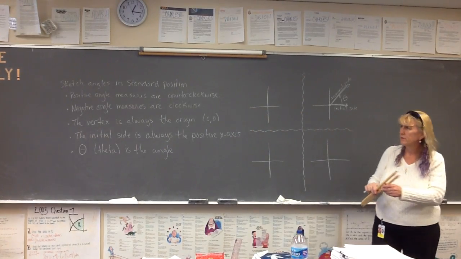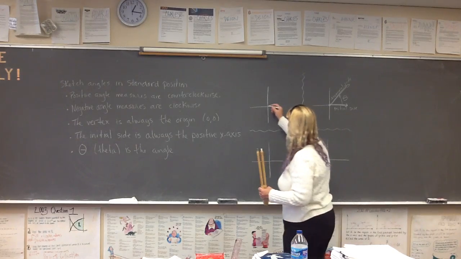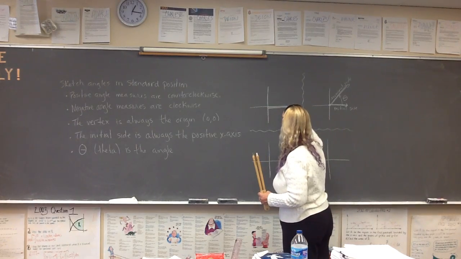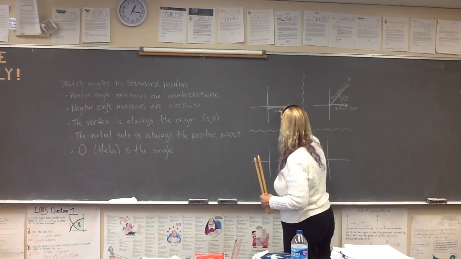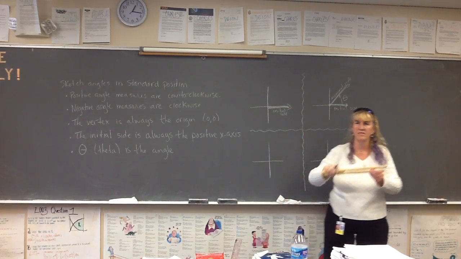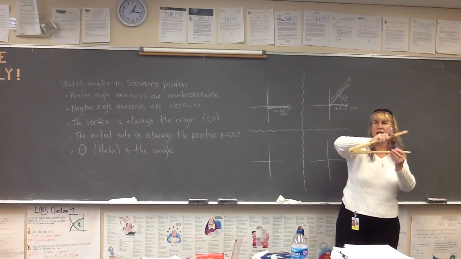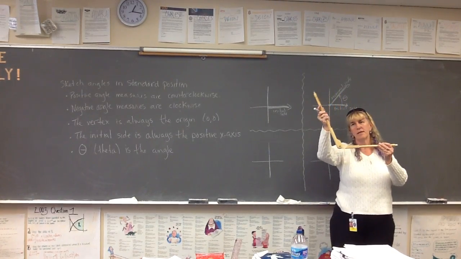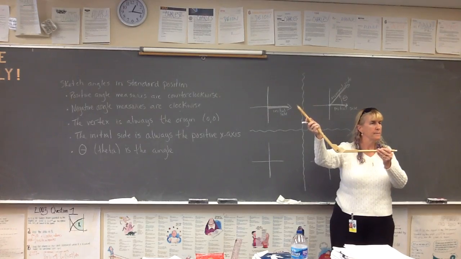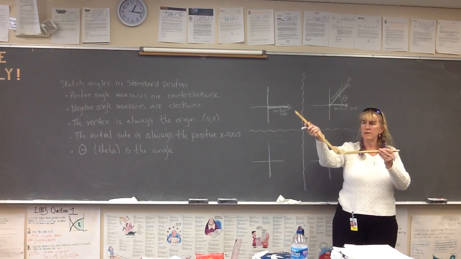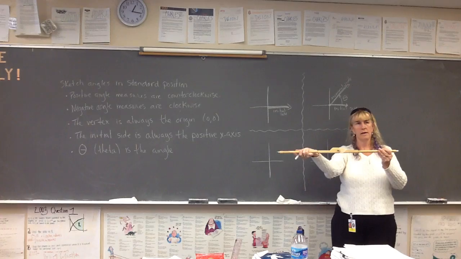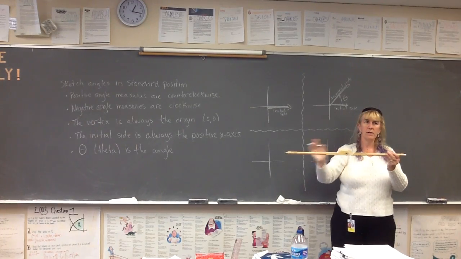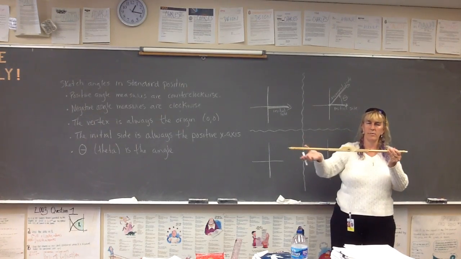Now in quadrant 2, I still need my initial side. So this is still my initial side. That never changes, you guys. The initial side is always on the positive x-axis. But now this angle has to open up bigger than 90. What kind of angle am I going to make? That's obtuse. But it's going to be less than 180. I don't want to go to 180 because then I won't be in quadrant 2.